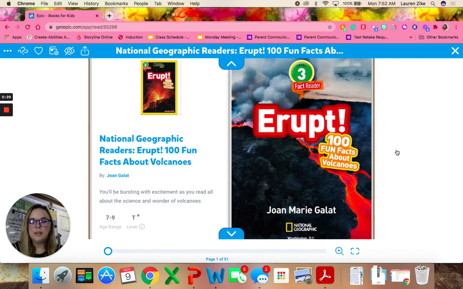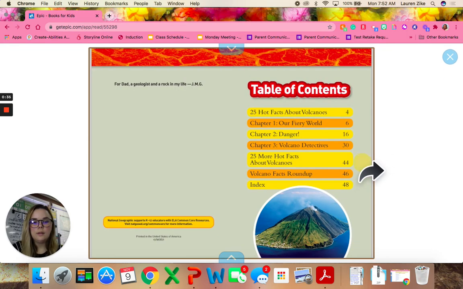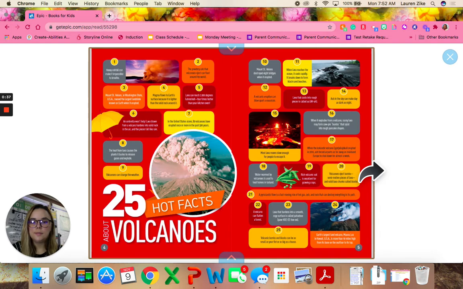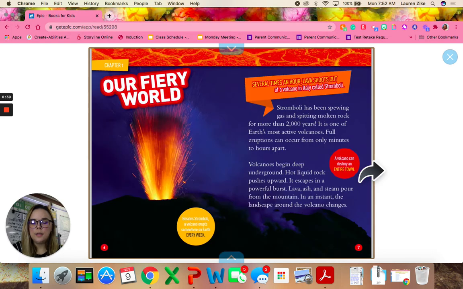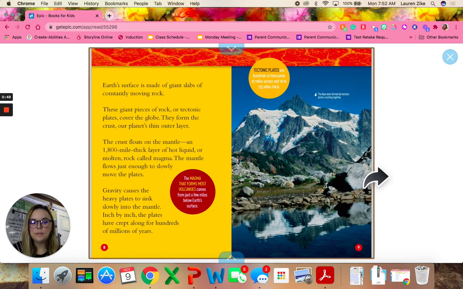So this is called Erupt, and it's from National Geographic. So if we take a look through this, we'll see the things that we notice. Right? We have some photographs, some actual photographs. Some more photographs. We have these cool little bubbles that are telling us important key terms.